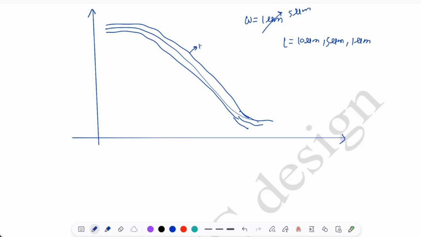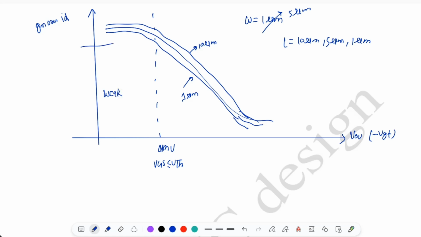This one is for 10 micrometer, and this one is for 1 micrometer. The x-axis is V overdrive, that is minus of VGT, and here gm over ID. For V overdrive of 0 millivolt, VGS will be less than or equal to VTH, so this will be weak inversion, and I got a gm over ID of 30.